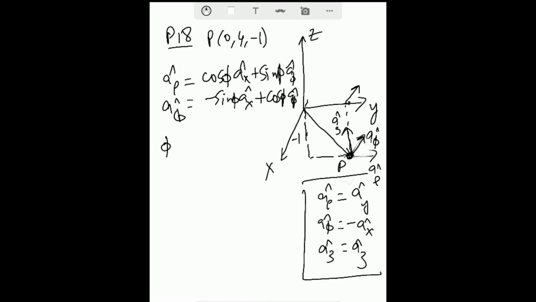Now phi is equal to tangent inverse y over x. So at this point P, phi is equal to 90 degrees.